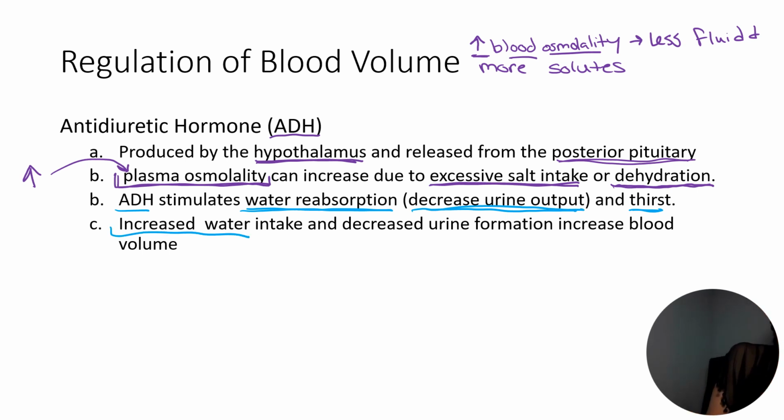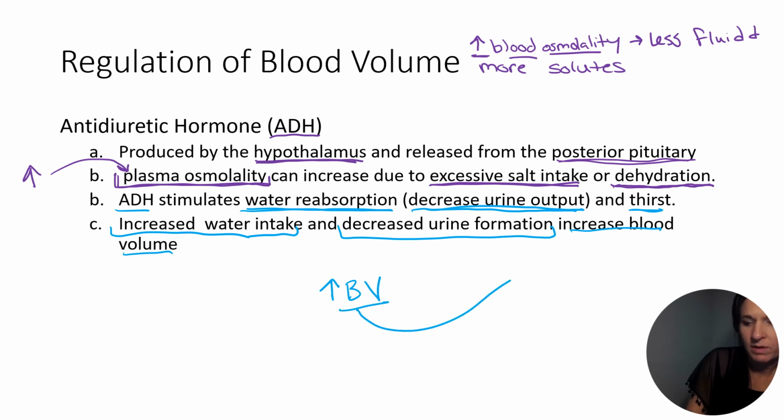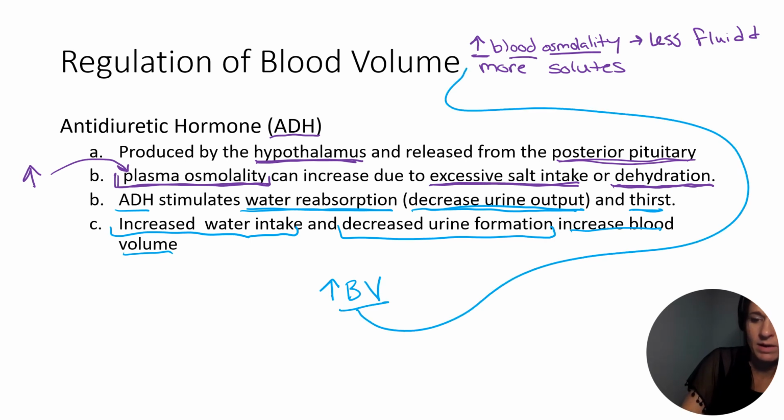So when we have increased water intake and less water leaving the body as urine, now we have an increase in blood volume. If we think about our initial stimulus, an increase in blood volume is a negative feedback loop.